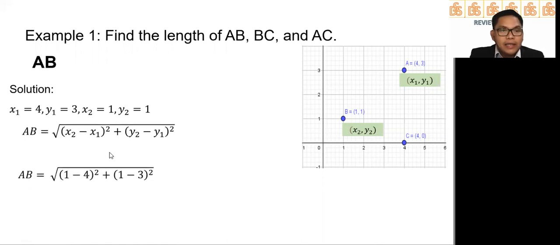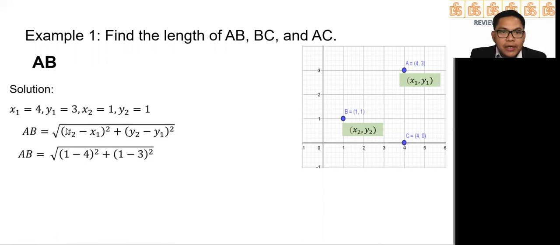So in that case, x2 here is 1, x1 is 4, so it becomes 1 minus 4 squared, while y2 is 1 and y1 is 3. That's why it becomes 1 minus 3 squared. When we simplify this, 1 minus 4 is negative 3 squared, and 1 minus 3 is negative 2 squared.